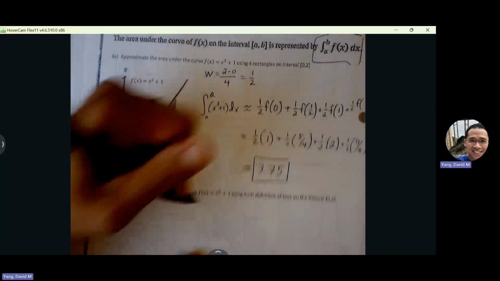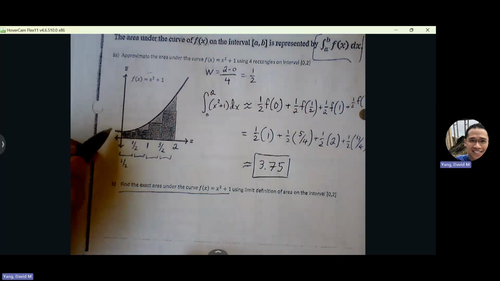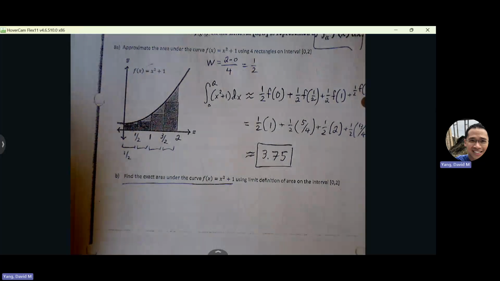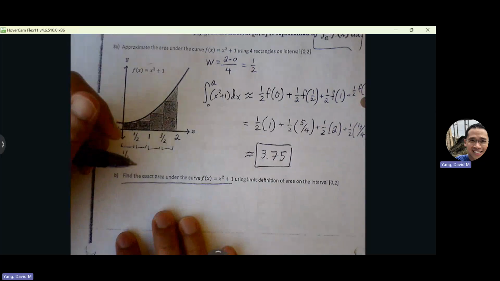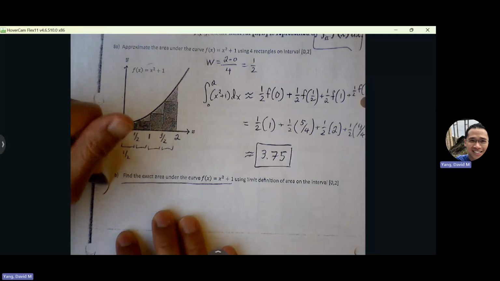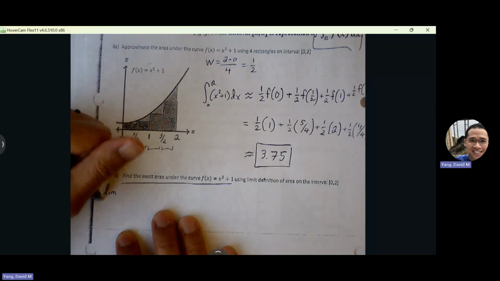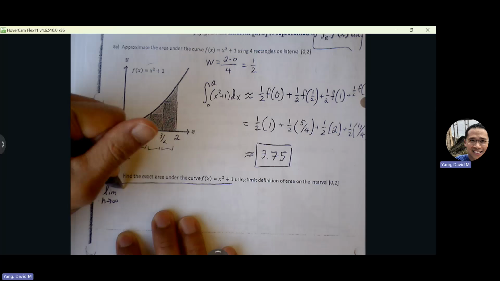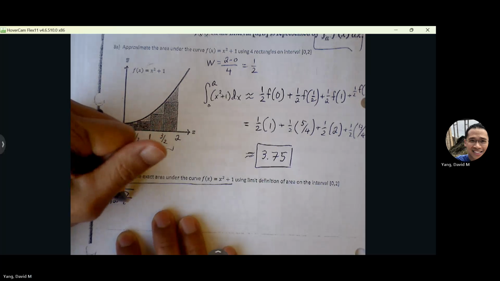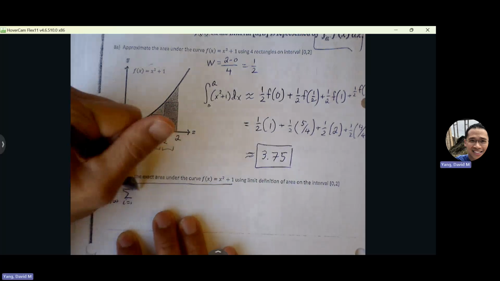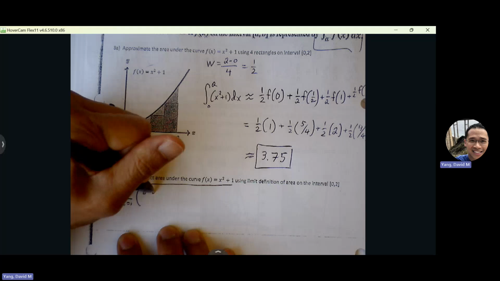Okay, so we're going to find the exact area under this curve using the above limit definition. So we're just going to copy the exact rule from above, and then we can place all the pieces where they belong.